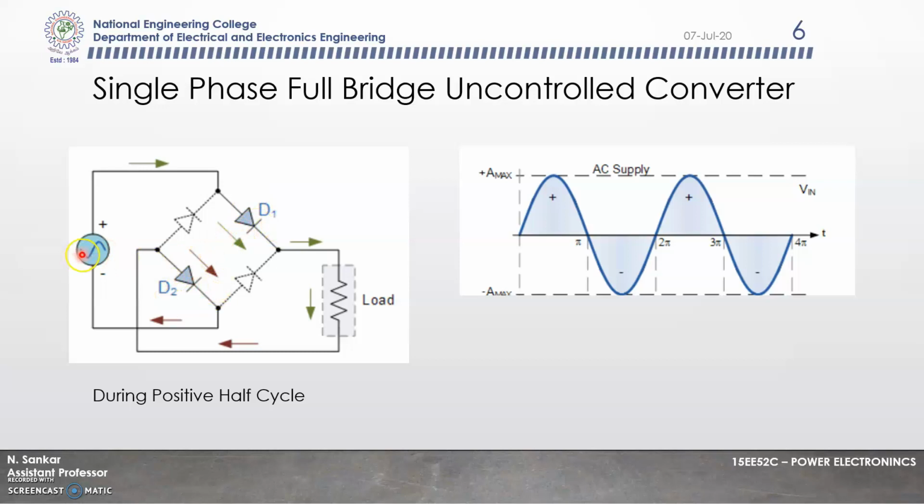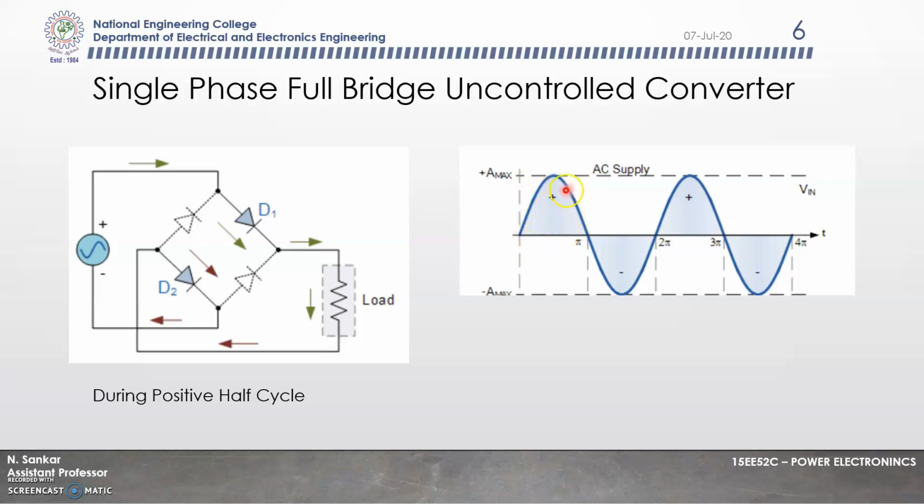The current will travel from the source through D1 and then to the load, and again through D2 it will leave to neutral. So it starts from phase, travels through D1, the load and D2, and exits at neutral.